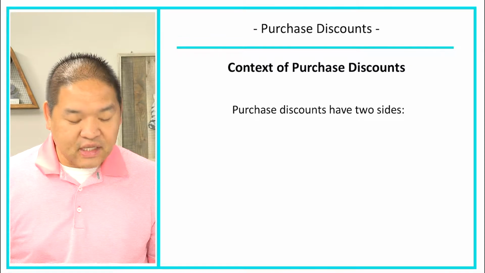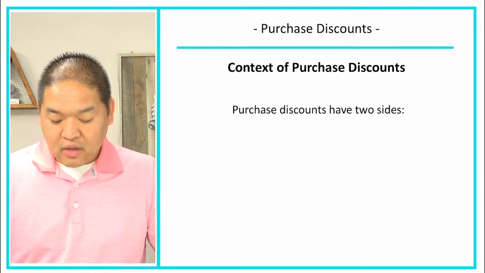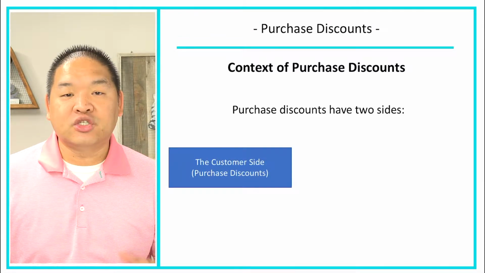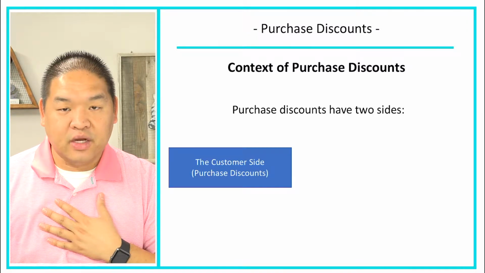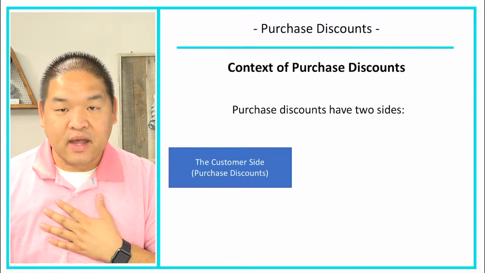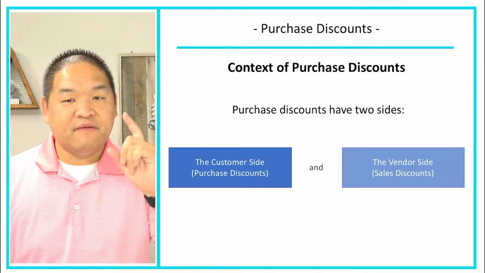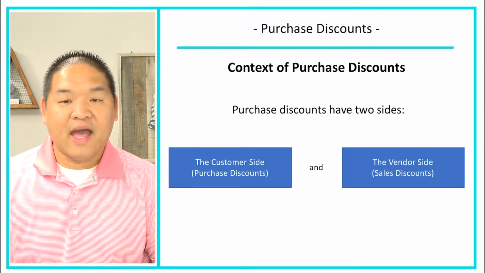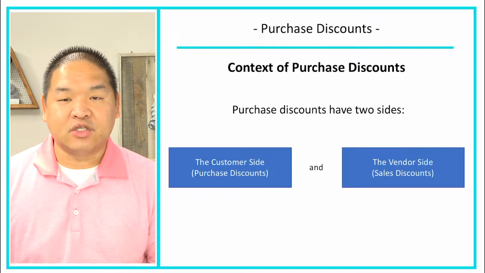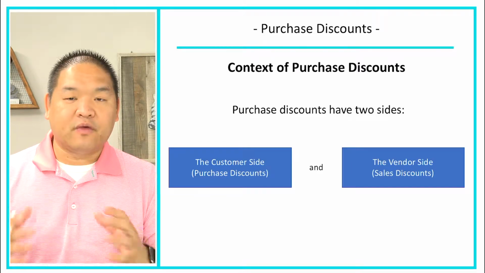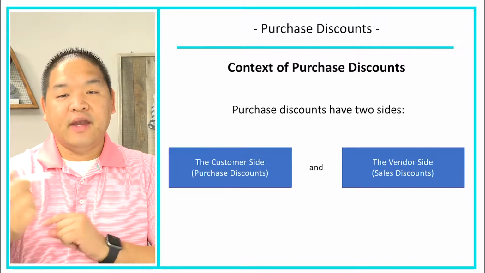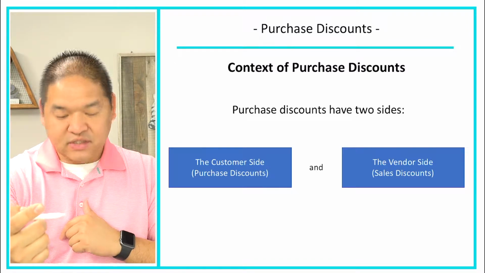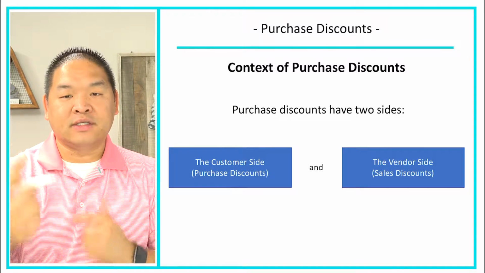Now, purchase discounts have two sides to think about. They have the customer side, where we are buying from a vendor and taking the $20 discount or the 2% discount. The other side is the vendor side. The vendor has what we call the sales discount. So we use two different terms. For me as the customer who's buying it, we call it a purchase discount. For the vendor, they don't call it a purchase discount, they call it a sales discount.